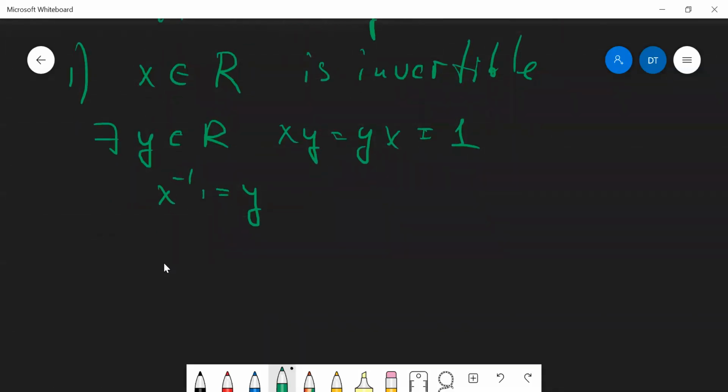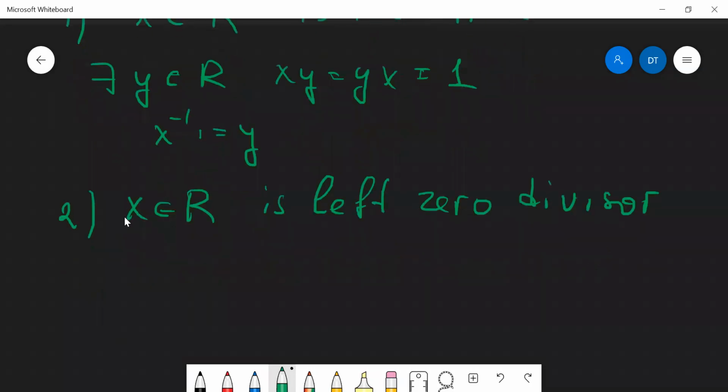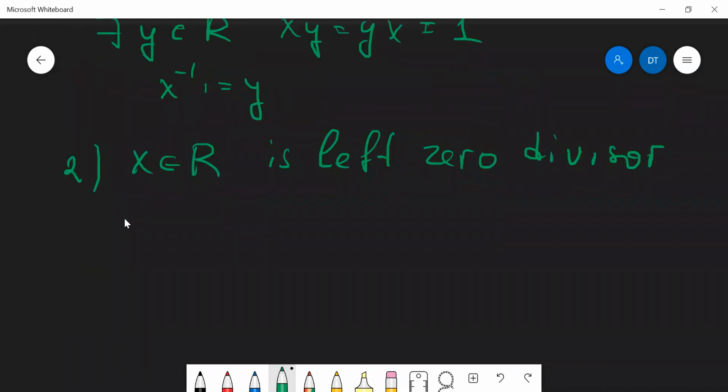Okay. The next thing, we say that an element X is a left zero divisor if there exists an element Y in R, Y is not equal to 0, such that X times Y is equal to 0.